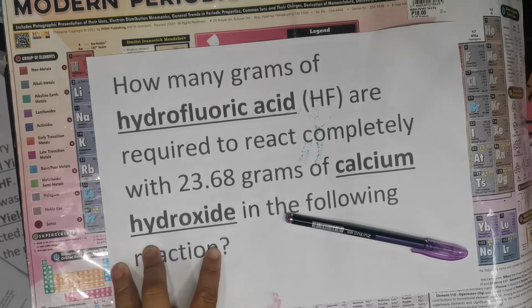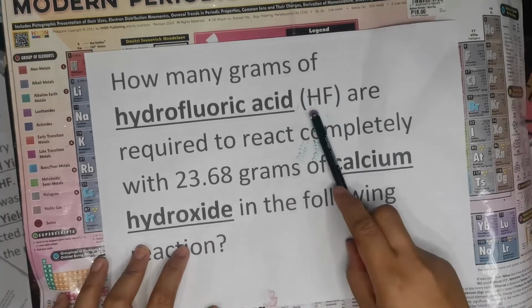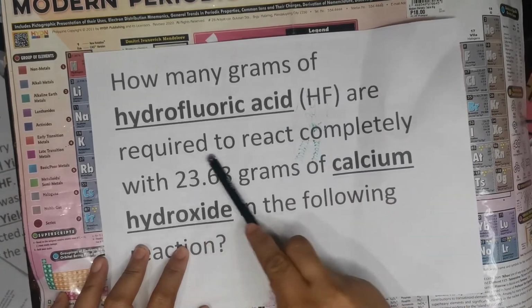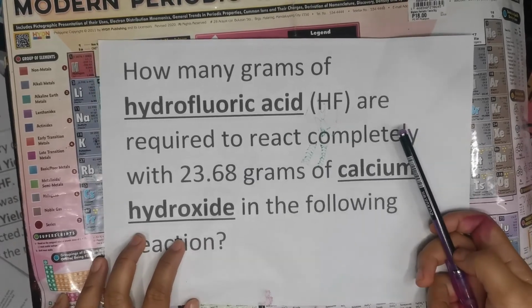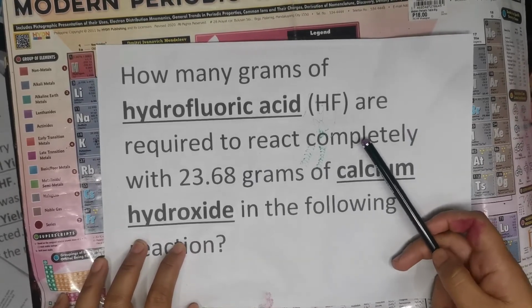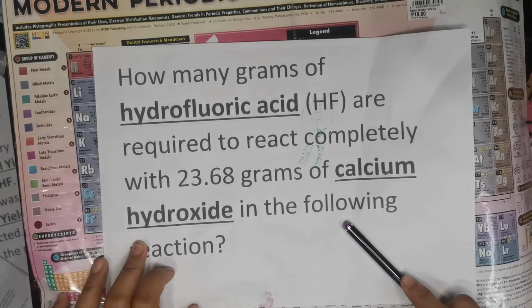So the second problem identifies, sabi niya dito, how many grams of hydrofluoric acid, which is HF, are required to react completely with 23.68 grams of calcium hydroxide in the following reaction?